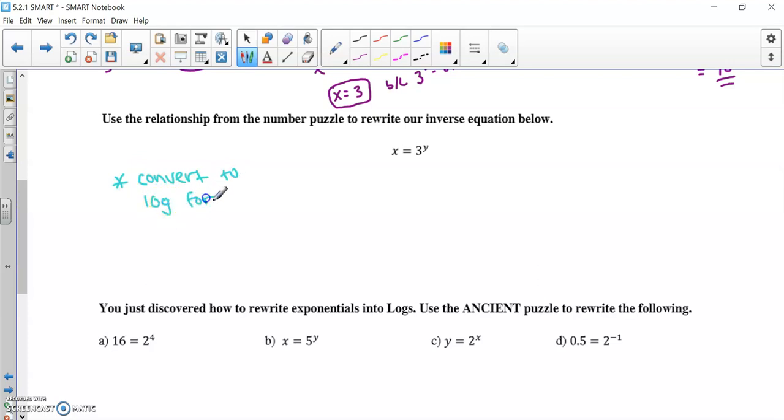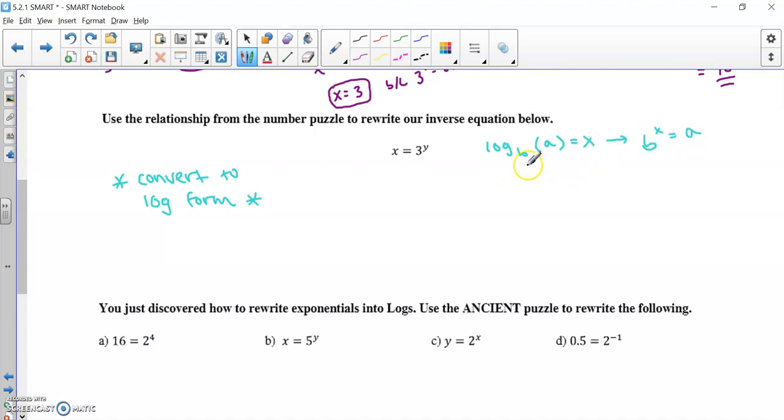Anytime you're trying to find the inverse of an exponential function, you just have to convert to log form. So recall that log base b of something equals x, this is my format, is the new way to rewrite it, right? If we start there, we end up with this.